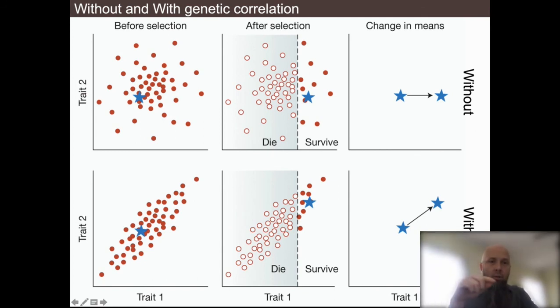Conversely, if there is a correlation between trait 1 and trait 2, selection for trait 1 results also in a change in trait 2.